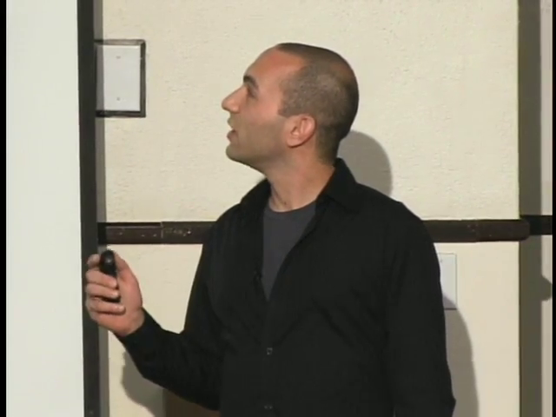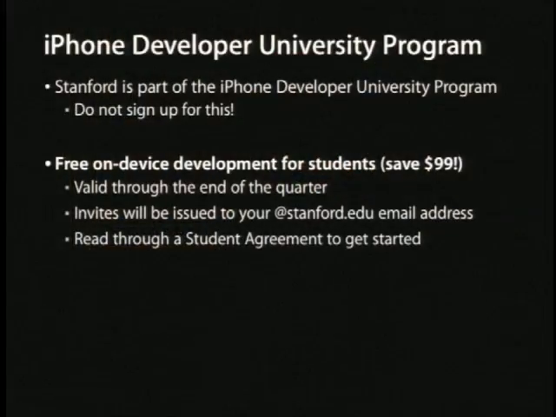So, I'll go back here. The iPhone Developer University program. In order to get started with developing, you're going to need a certificate, and you're going to need to download the SDK. Stanford is part of the iPhone Developer University program, and what that means is they've already signed up for all of you to the SDK.